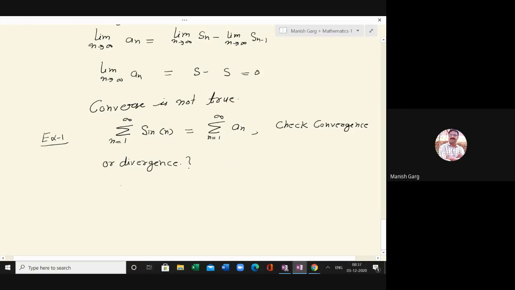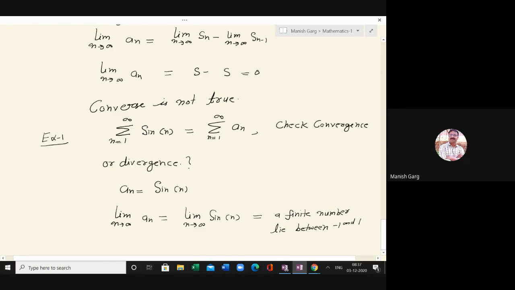So here, what is an? Before checking Sn, what we do is check an, because if it is convergent, it must be 0. If you take the limit of sin n, what is it? This is a finite number lying between -1 and 1.